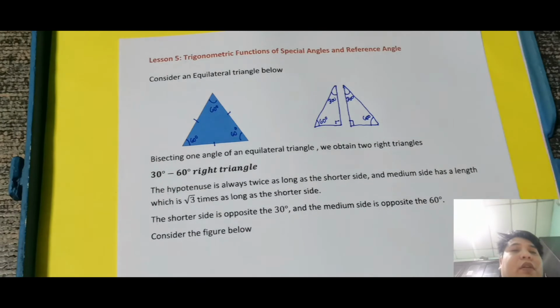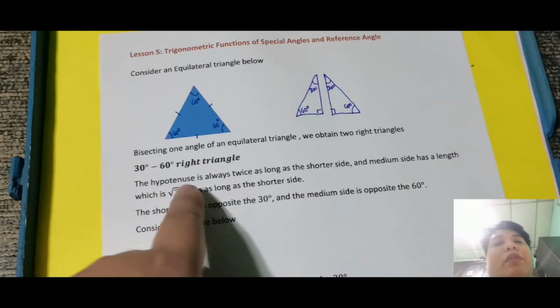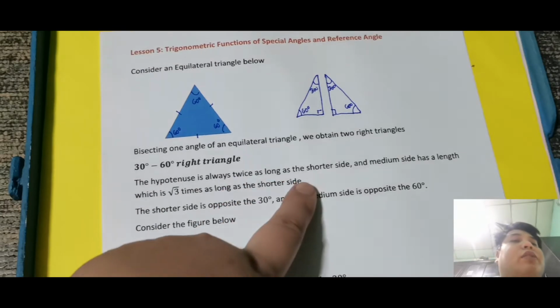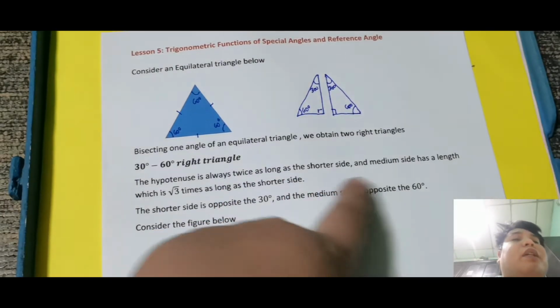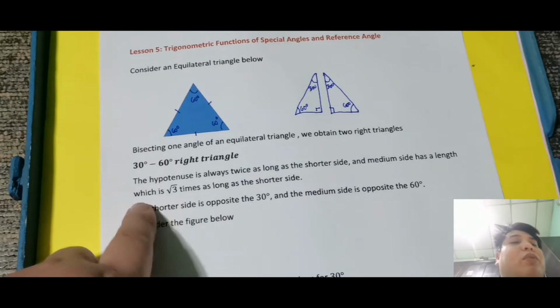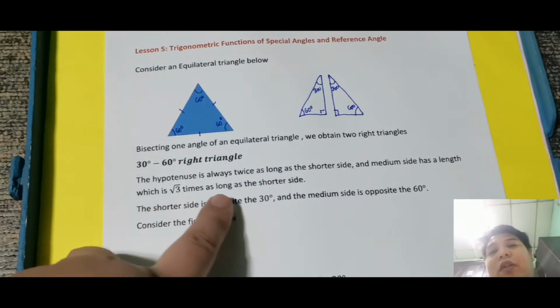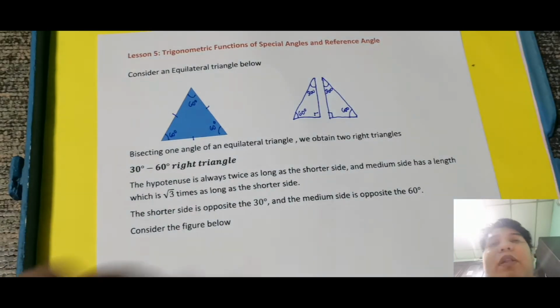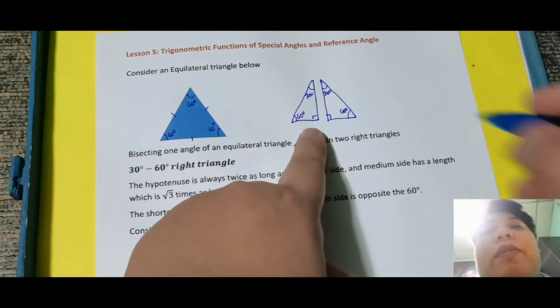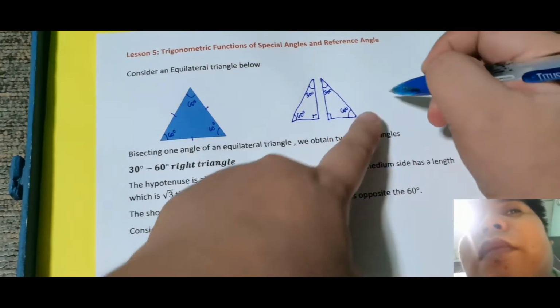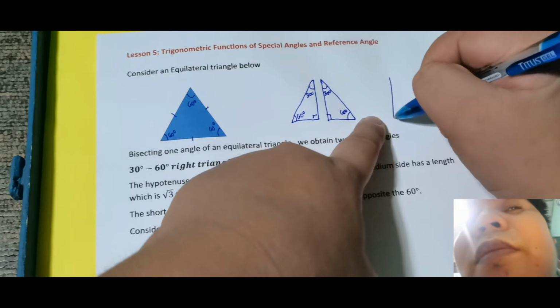So ito yun. Okay, so what is a 30 degree, 60 degree right triangle? So the hypotenuse is always twice as long as the shorter side. And the medium side has a length which is square root of 3 times as long as the shorter side. So ano ibig sabihin nun? So whenever ito yung ating triangle, so for example, ito yung shorter side, no? So dito ko lang drawing ulit.